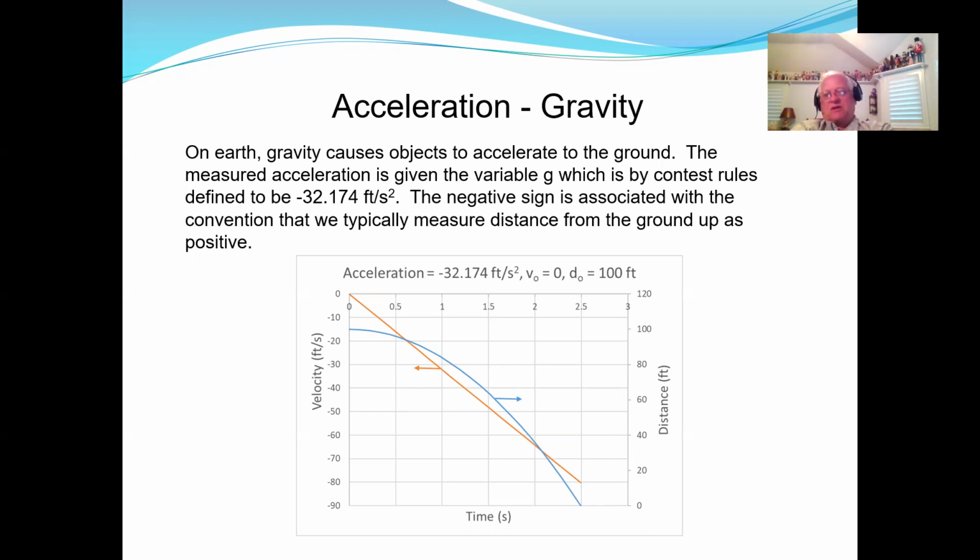And I can also see there that at 2.5 seconds, my velocity is negative 80 feet per second. Again, a negative velocity means simply I'm moving downwards with some speed. So at the point of impact with the ground, this object was moving at 80 feet per second towards the ground, which is negative 80 feet per second. Again, as in the last problem, that's about 50 miles an hour. So it's a pretty hefty velocity.